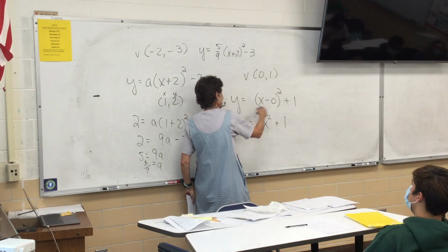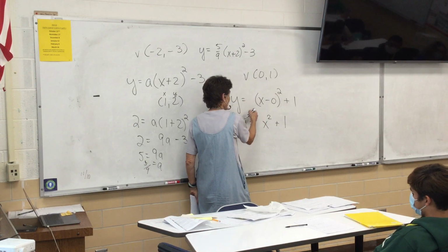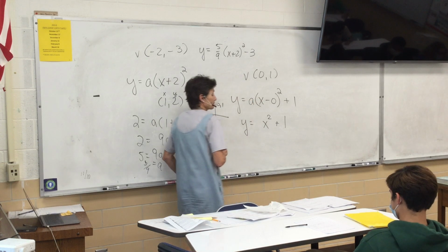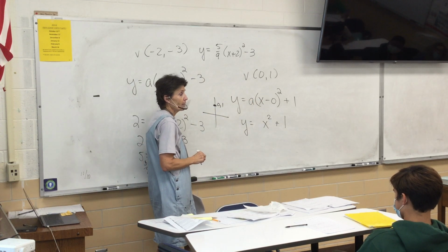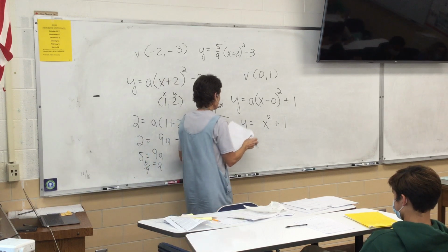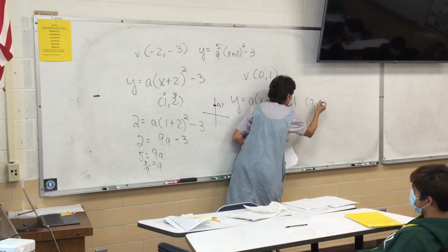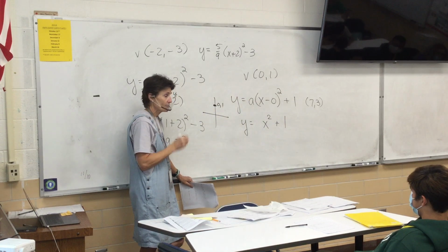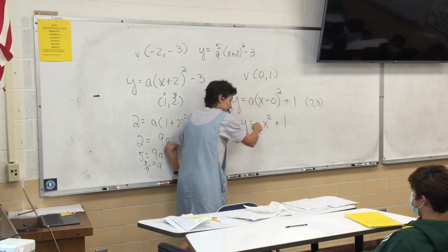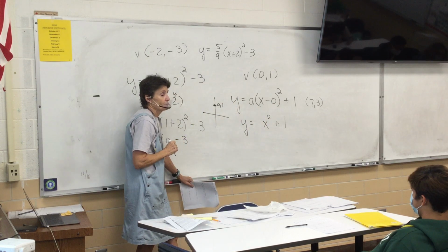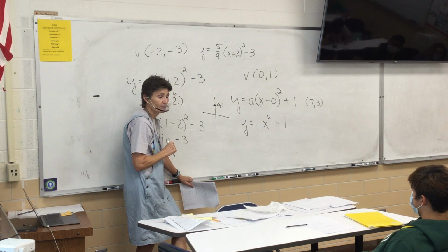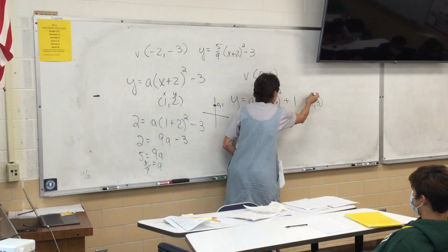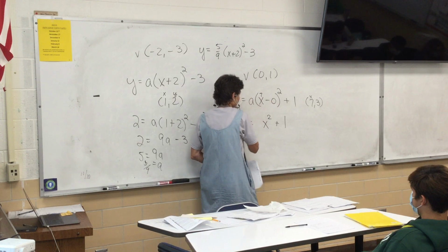Now, the only thing missing, and you can write this either way, it doesn't matter, is that number. Luckily, they gave me the point 7, 3. That is not the vertex. The vertex I already plugged in. What do I do with 7, 3? This is X, so it's going here.